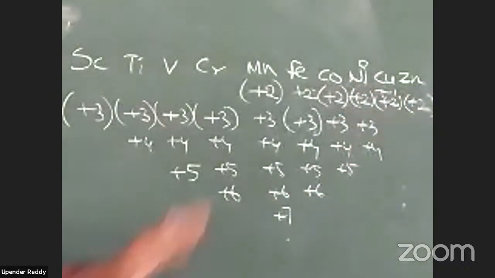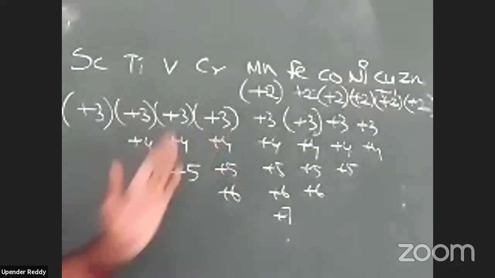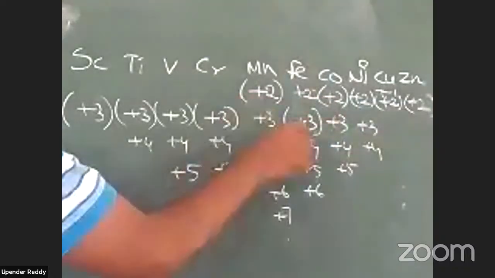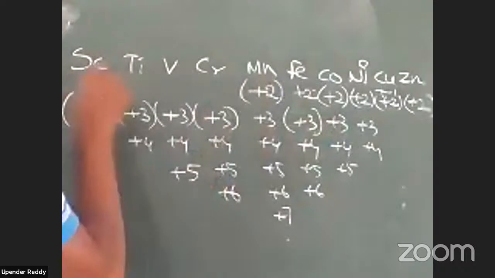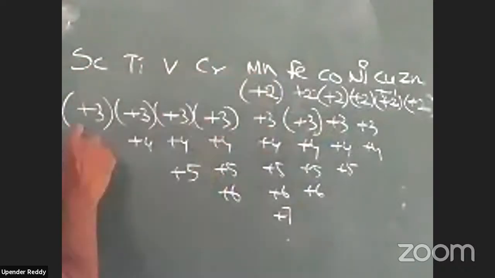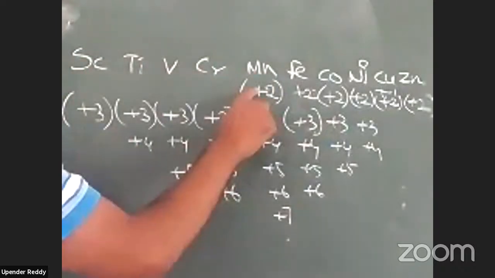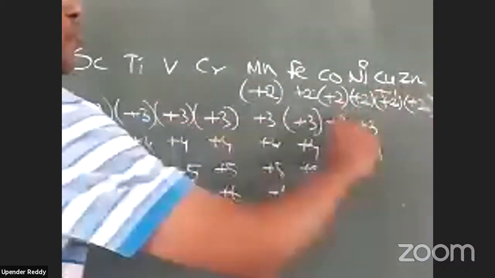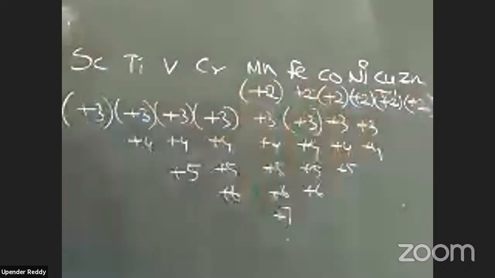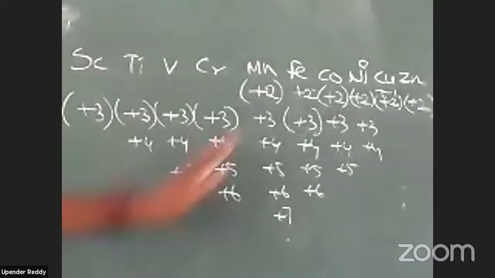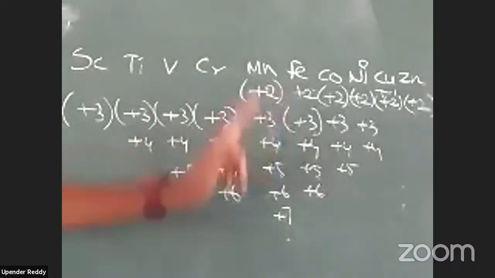Listen to me. First half of the elements have +3 stability, next half of the elements have +2 stability, but this is reversed. Even though it is the first 1, 2, 3, 4, 5, for these 4 elements it is +3, it is +2. For the last 4 elements +2, this is +3. Rather than the expectation, it is different between these two.